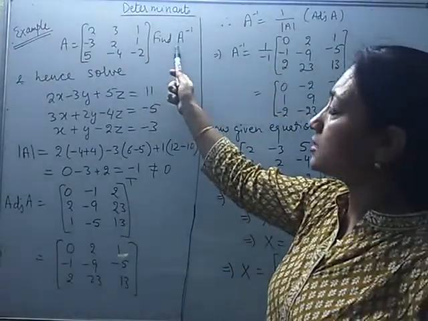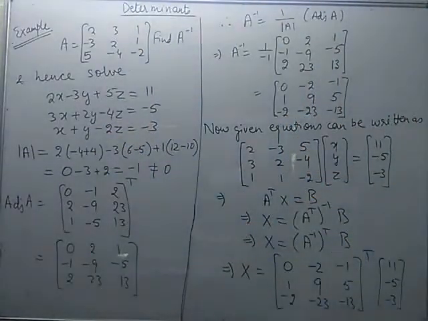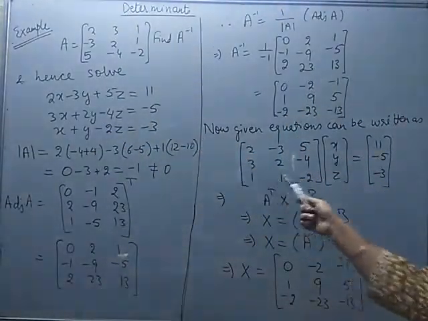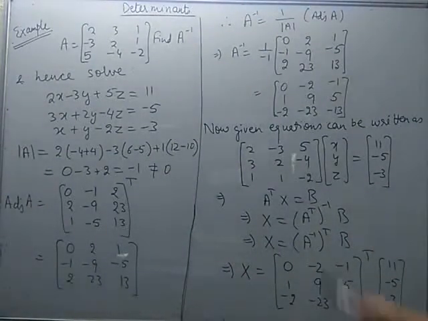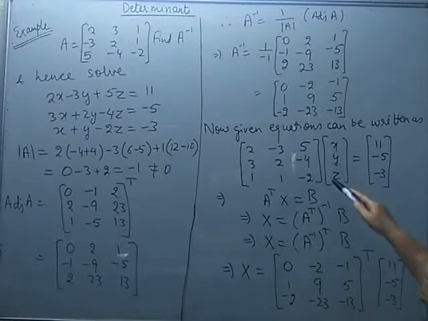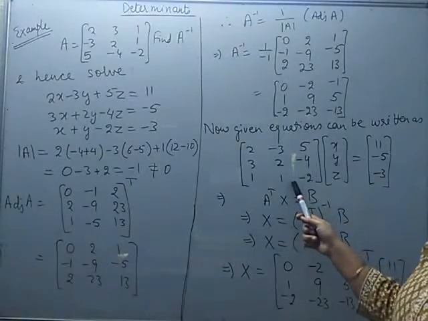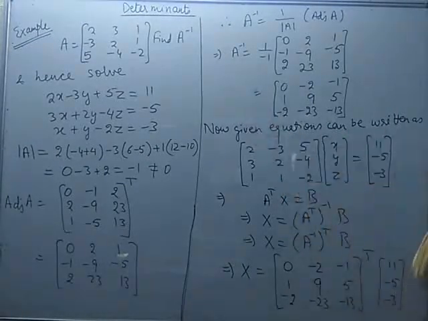Now they are asking you to use this A inverse to solve this system of linear equations. So we converted the system of linear equations into matrix form. This is the matrix of coefficients, then the matrix of variables and the matrix of constants. When we compare the matrix of coefficients with the matrix A, we find a relation between them.